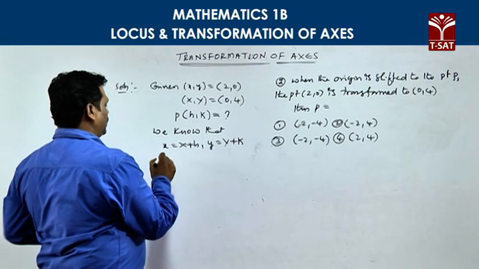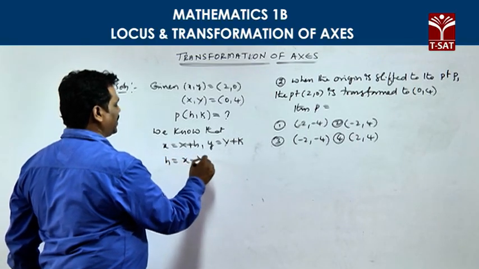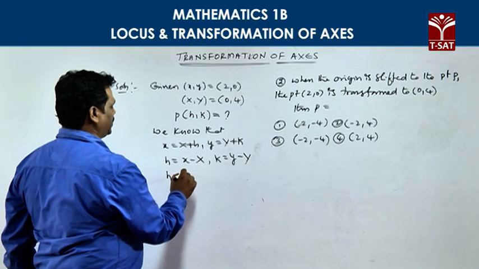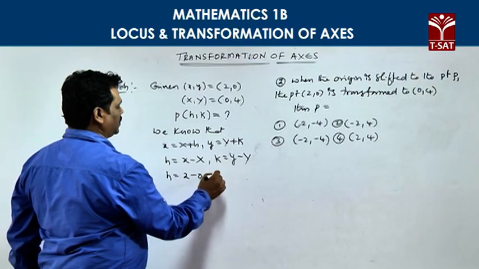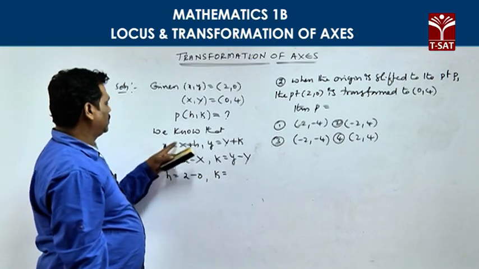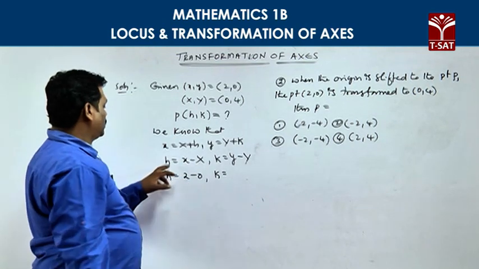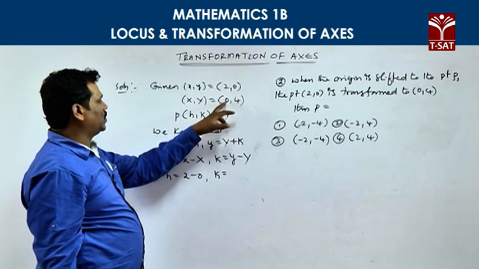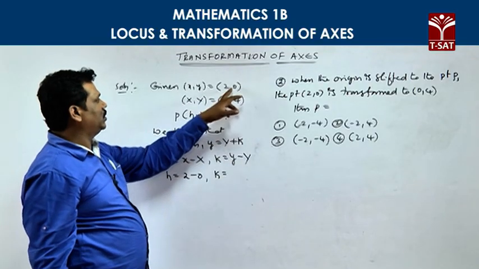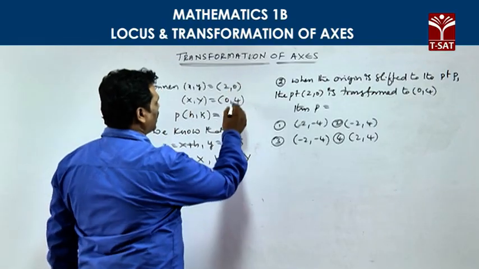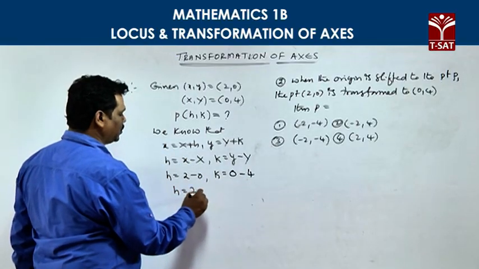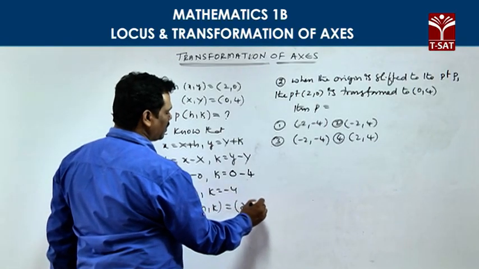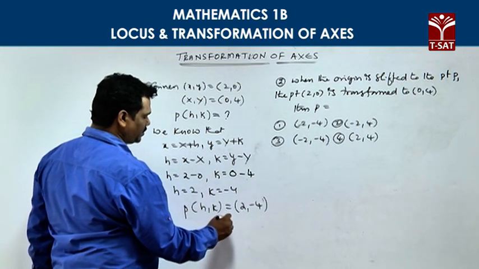So h = small x - capital X, k = small y - capital Y. Here h = 2 - 0 = 2, and k = 0 - 4 = -4. So P = (h, k) = (2, -4). Which option is this? The answer is option 1.